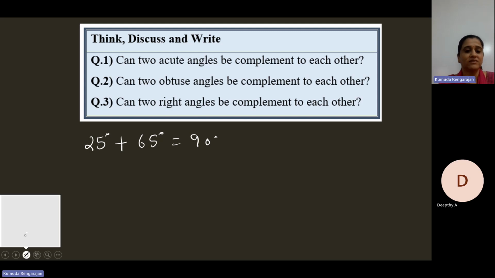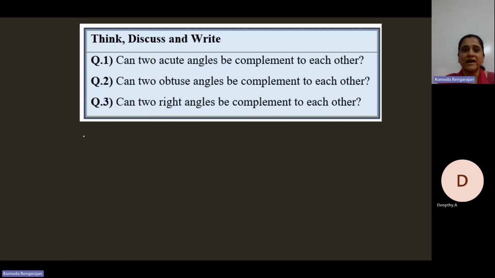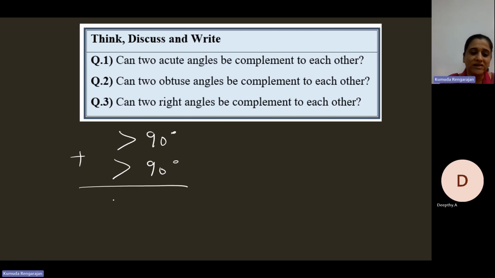One angle is greater than 90 degrees, the other angle is also greater than 90 degrees. So when you add, you'll get a sum greater than 180 degrees. So they're not complementary angles.